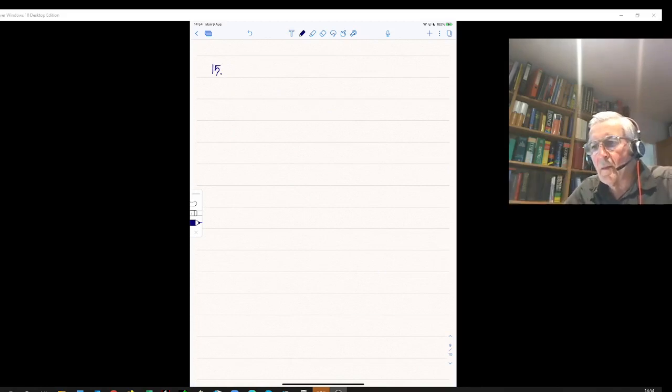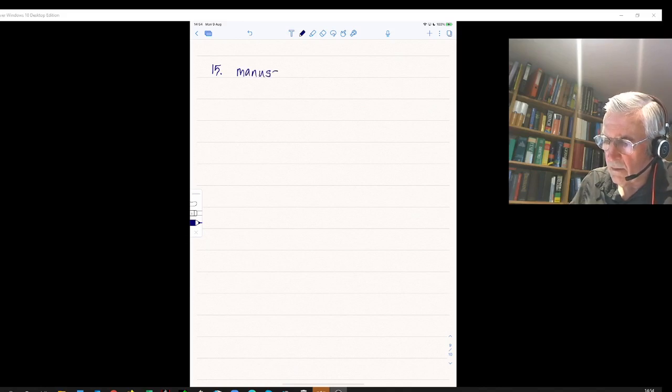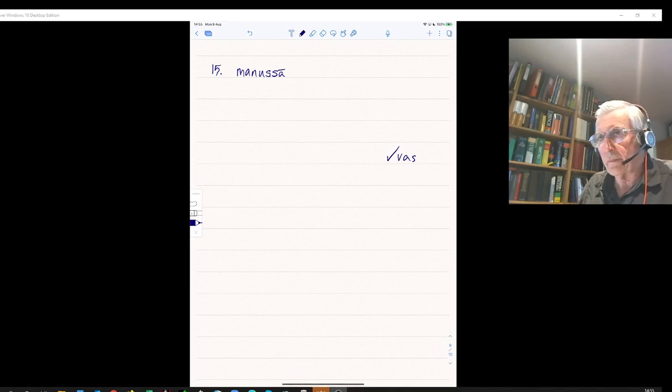Number 15. Men wish to live in houses in the city with their sons. So men wish to live. Manusa. Wish to live. The root to live, in the sense of to dwell, to live somewhere, is vas.